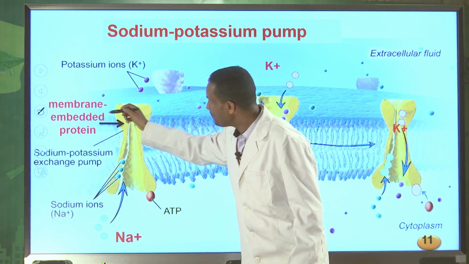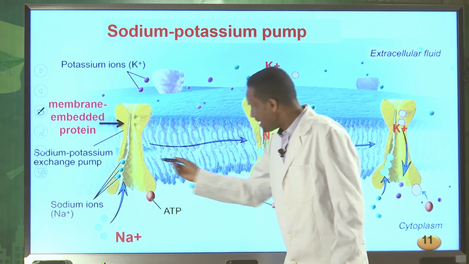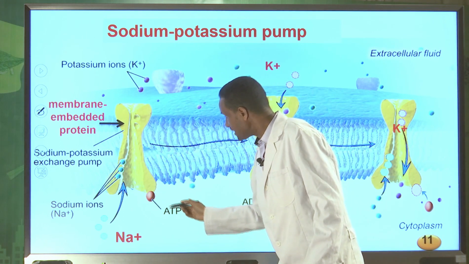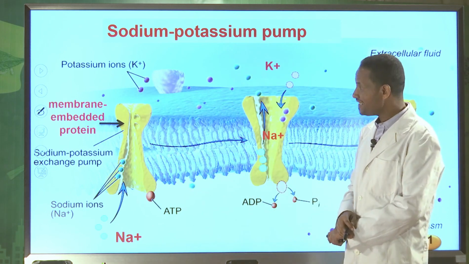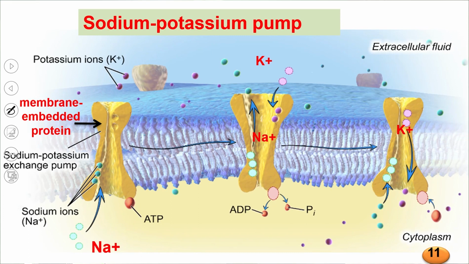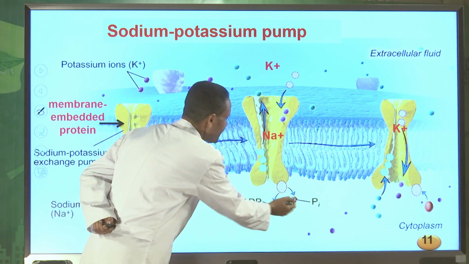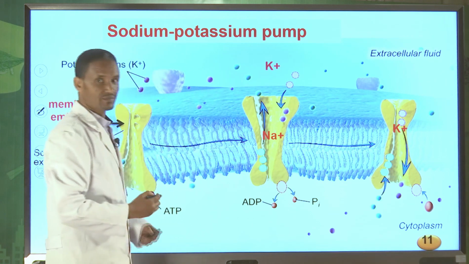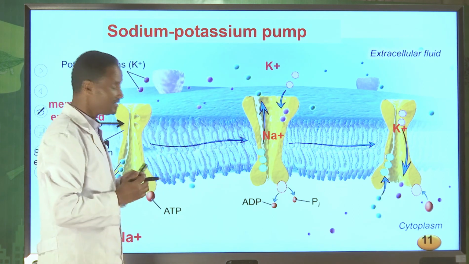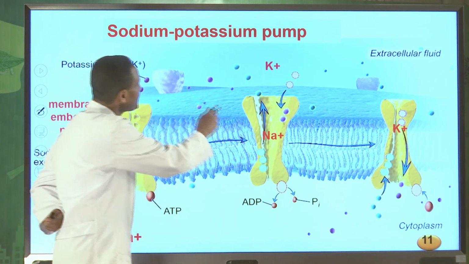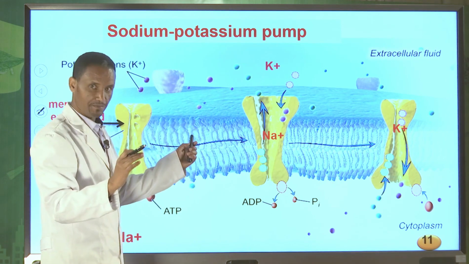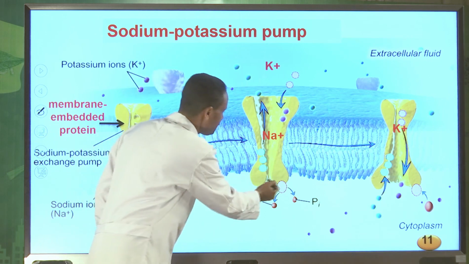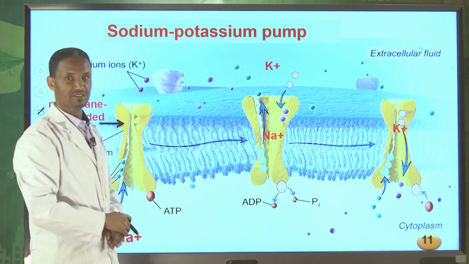This membrane embedded protein, when it is attached with ATP, is closed from the outside direction of the membrane. But when ATP is hydrolyzed, potassium becomes attached to this membrane embedded protein. Then the outer side of this protein becomes open, but in turn, the inside part becomes closed.